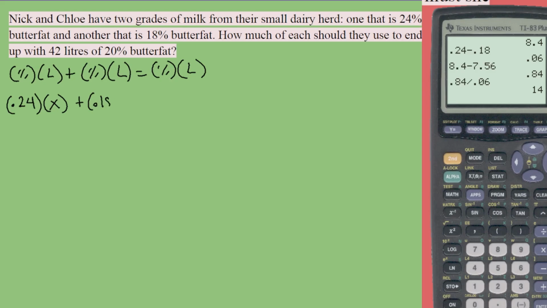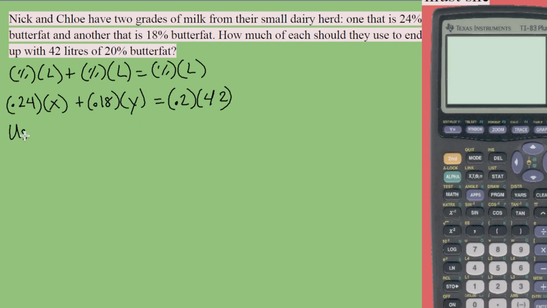So that's 0.18 times different one, call that y, equals the 20% total, 0.2, times 42. And that is our equation. And we're trying to figure out both x and y, but we only have one equation, so how do we do this? The method is to use substitution.